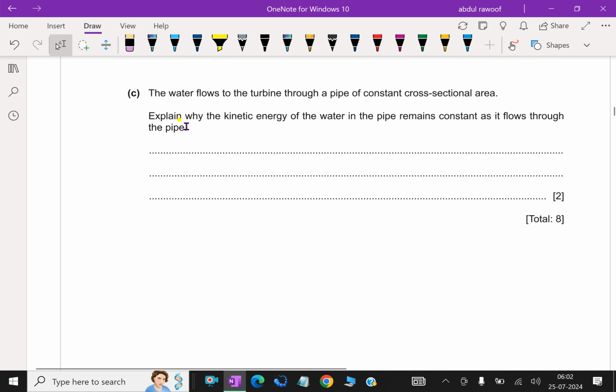Next question. The water flows to the turbine through a pipe of constant cross-sectional area. Explain why the kinetic energy of the water in the pipe remains constant as it flows through the pipe.